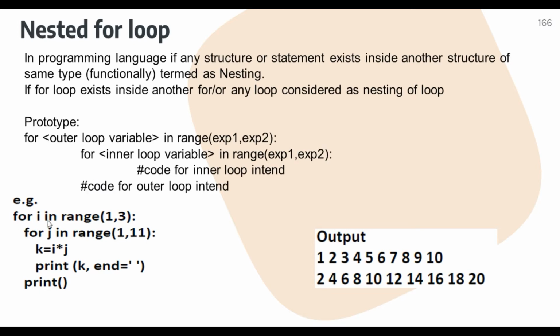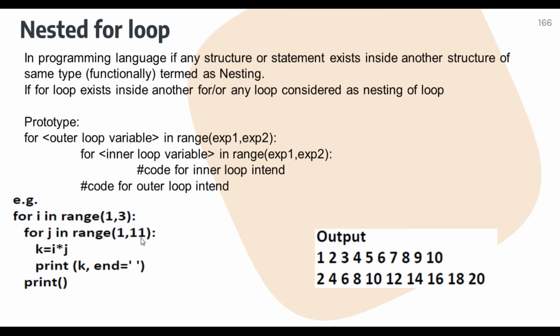Now we can consider the example here. For i in range(1, 3), it will run from 1 to 2 definitely. For j, we do not use the same variable name for the outer loop variable and the inner loop variable, it should be different. Ensure, students, that the outer loop variable will be different and the inner loop variable will be different.